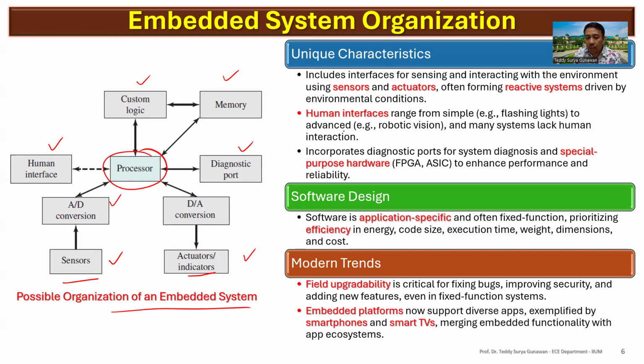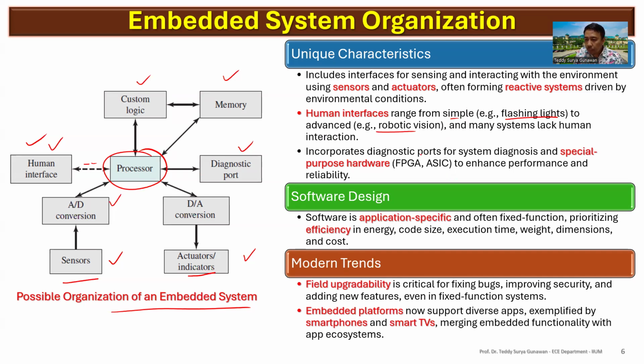The human interface ranges from simple, like flashing LEDs, to advanced, like robotic vision. Many systems also involve human interaction. We put dot dot dot here because not all will have a human interface; once we put a system in place, it will work without intervention from the user.